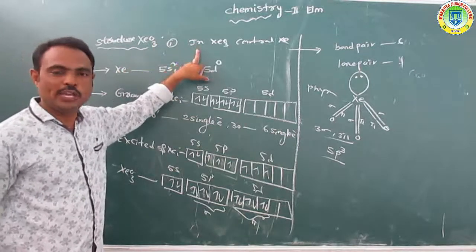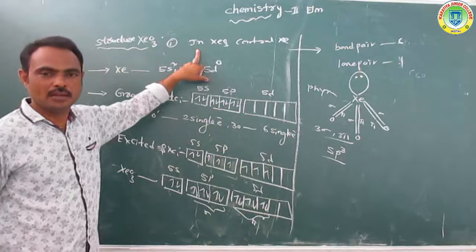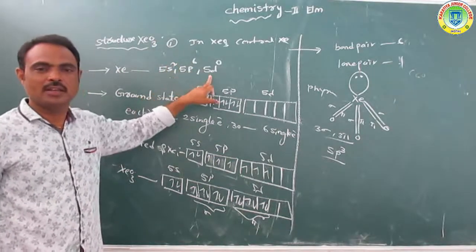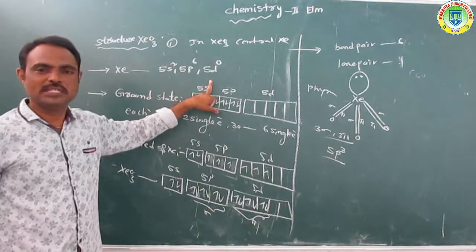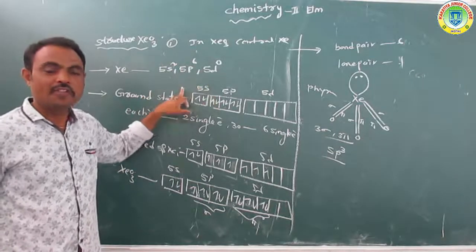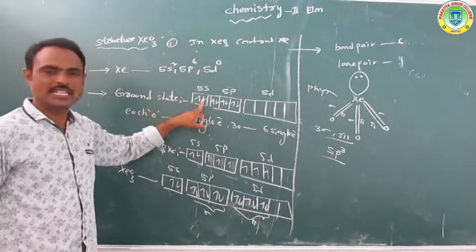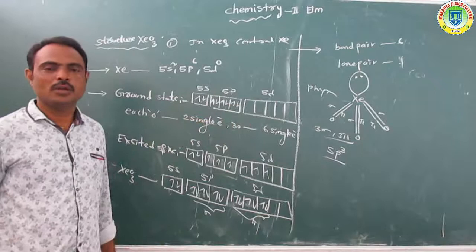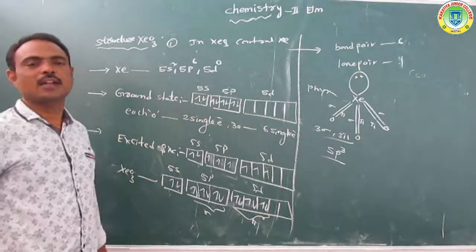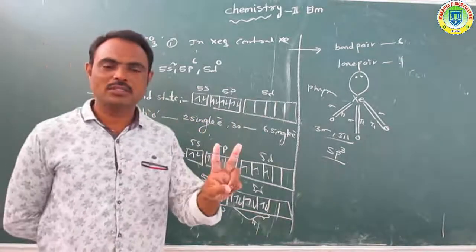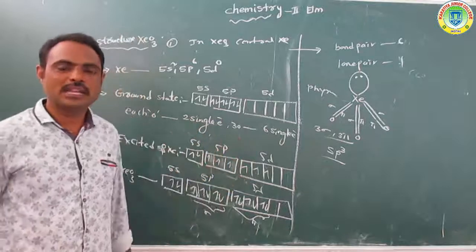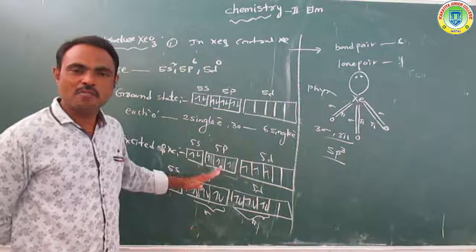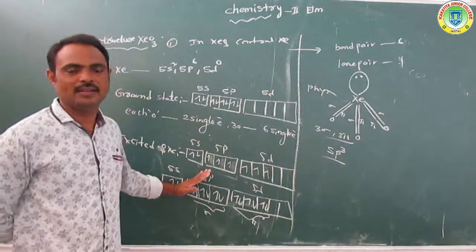Listen, what is the structure of XeO3? In XeO3, the central atom is xenon. The outer shell electronic configuration of xenon is 5s2, 5p6, 5d0. Each oxygen atom contains 2 single electrons, so 3 oxygen atoms contain 6 single electrons. We need the excited state.